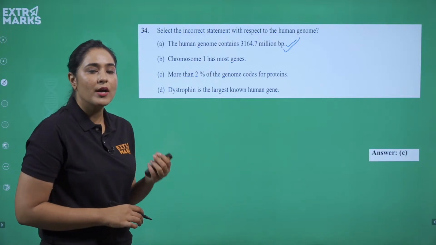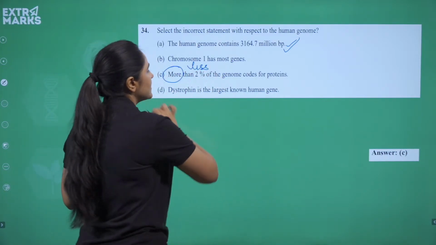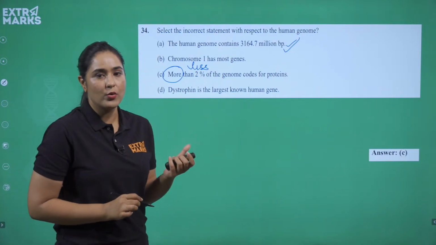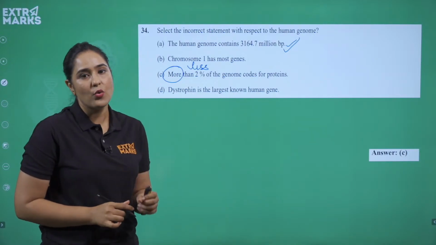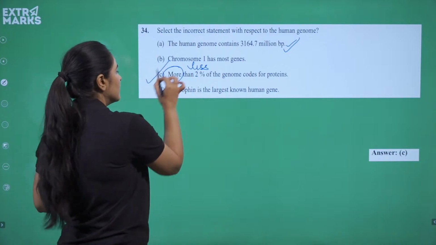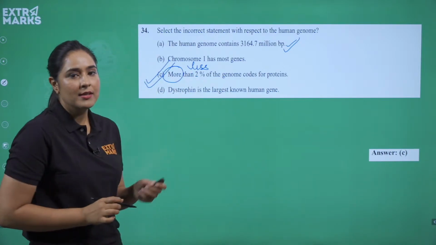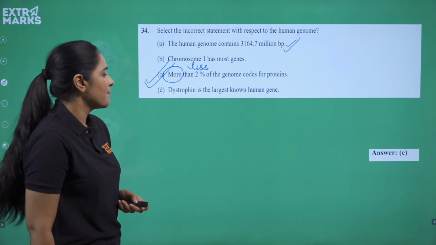So this is incorrect here. Less than 2% of the genome codes for proteins. And dystrophin is the largest known human gene. This is also correct here. So option C is the incorrect statement.